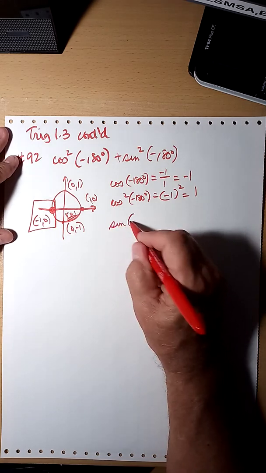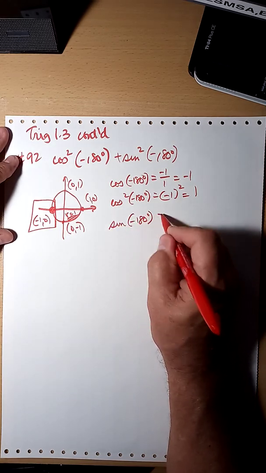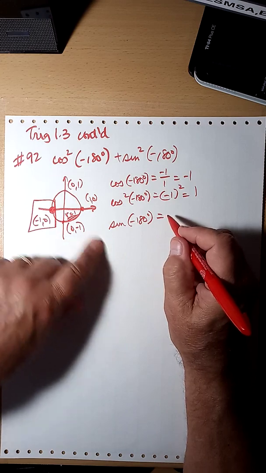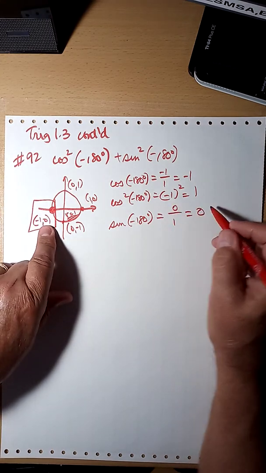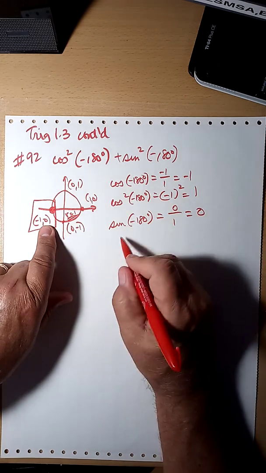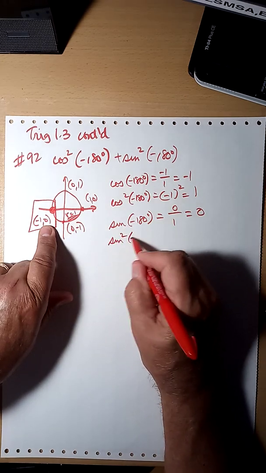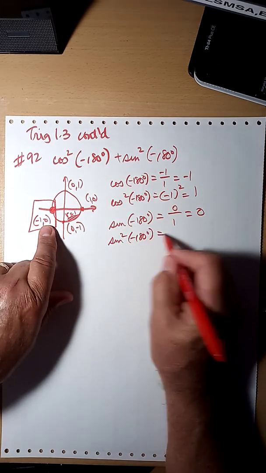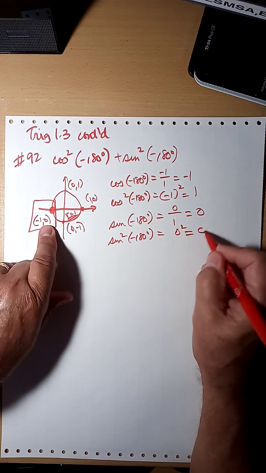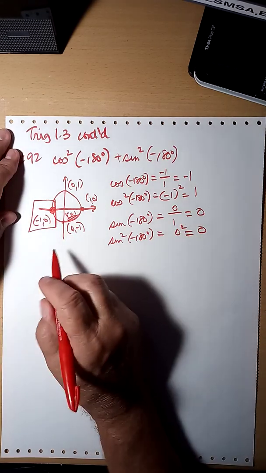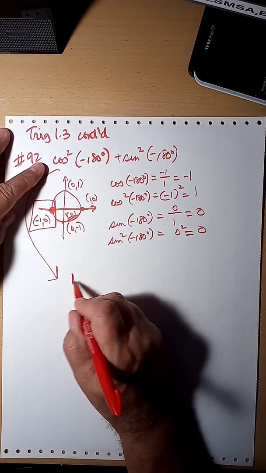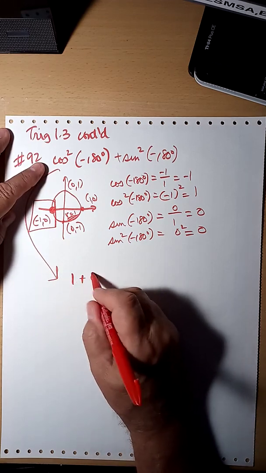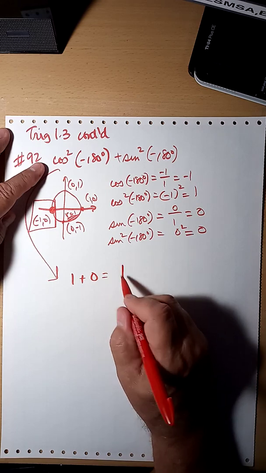The sine of a negative 180 degrees, well, the sine is the y, 0 over r, 1, or 0. And the sine squared of a negative 180 degrees then would be 0 squared, or 0. So cosine squared is 1 plus sine squared 0, which equals 1.